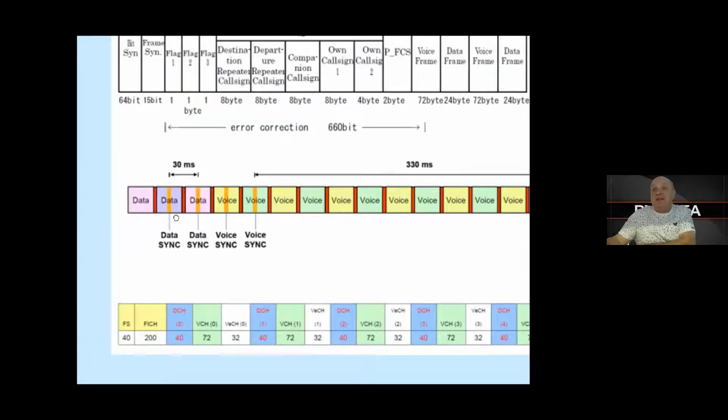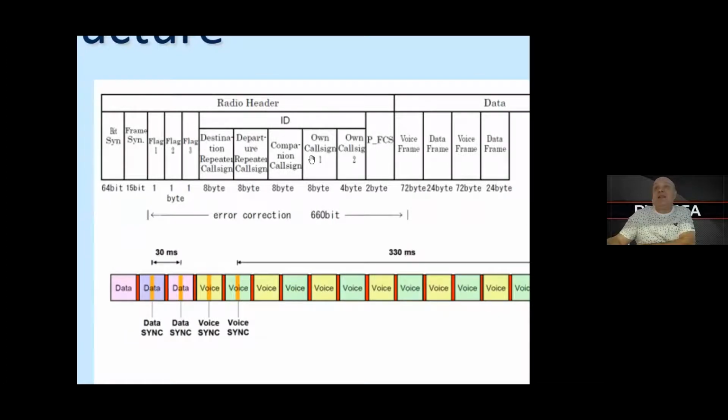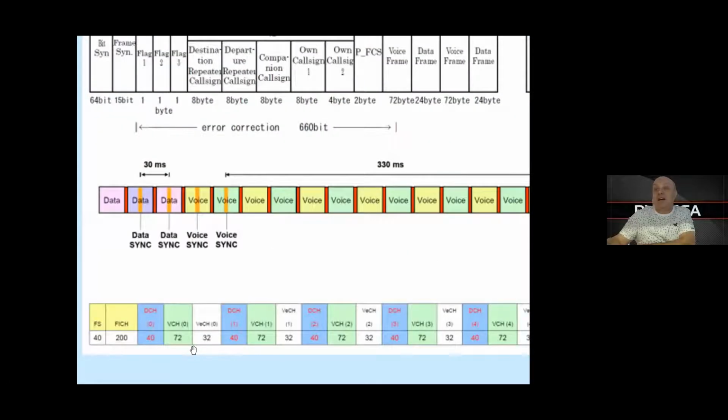Fusion is more like D-Star. It has a frame sync and a frame information, and this frame information is more or less the same as the radio header in D-Star.